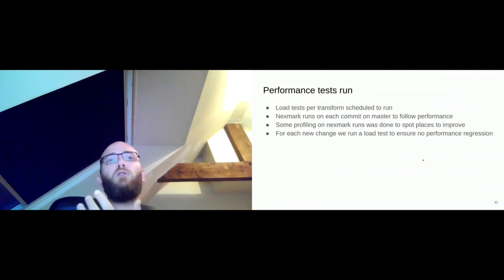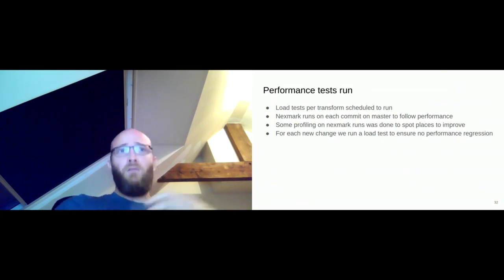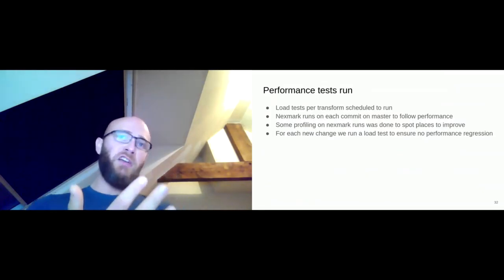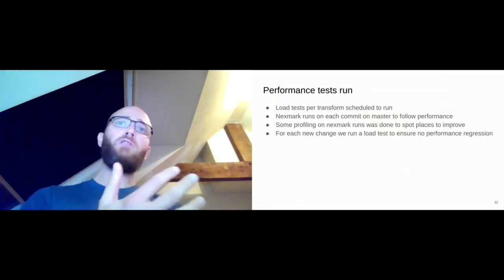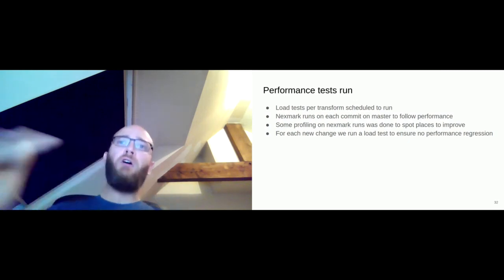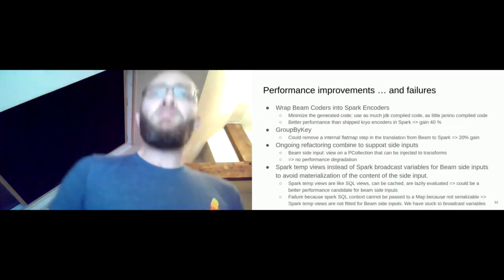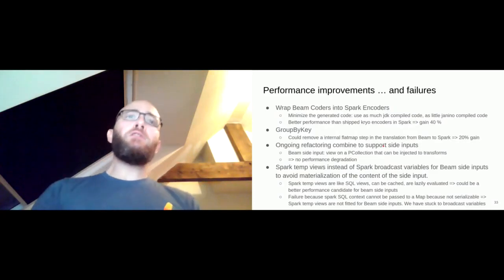We also did some profiling on the Nexmark queries to spot places to improve. And as a development process, for each new change, we run load tests to ensure that there is no performance regression. It led to some improvements, but also some failures.